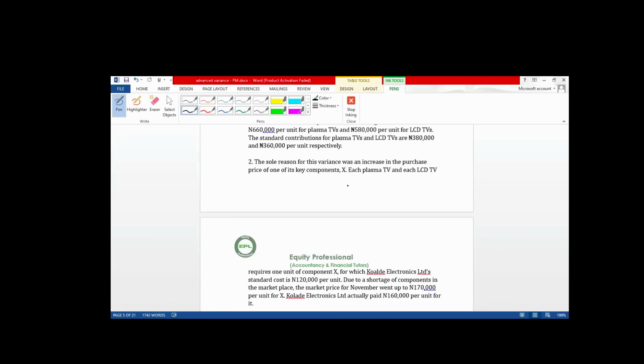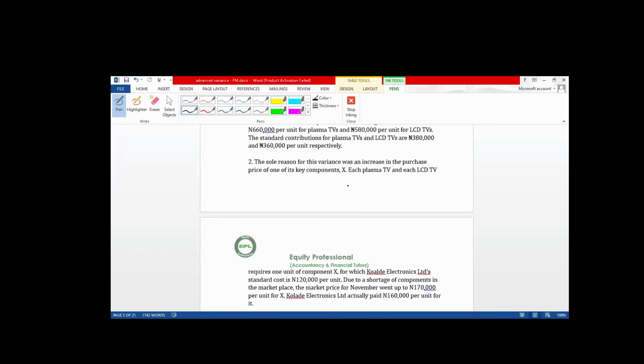For which Colade Electronics Limited, standard cost is 120. Our original standard cost is 120. That is X ante standard cost. Due to shortage of components in the marketplace, the market price for November went up to 170.